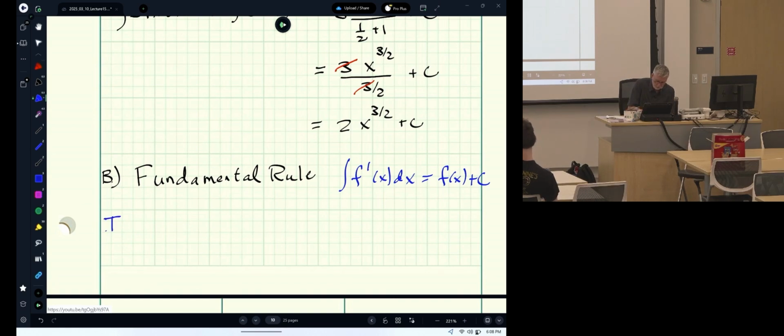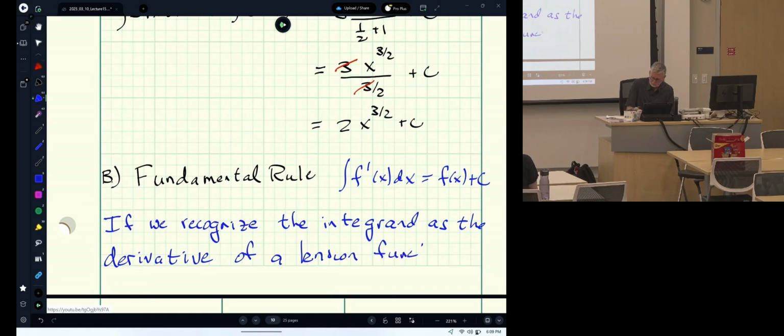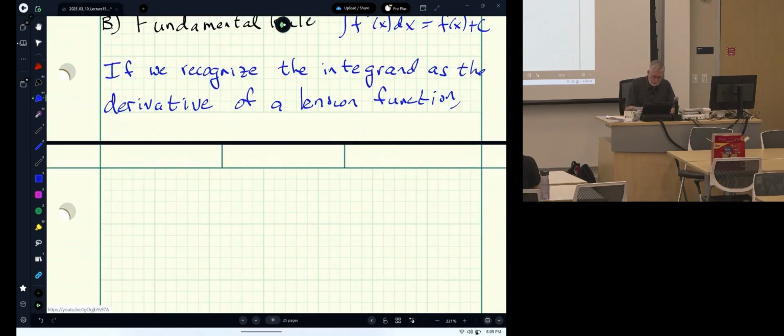And so if we recognize the integrand as the derivative of a known function, then it's game over, okay? It's done.